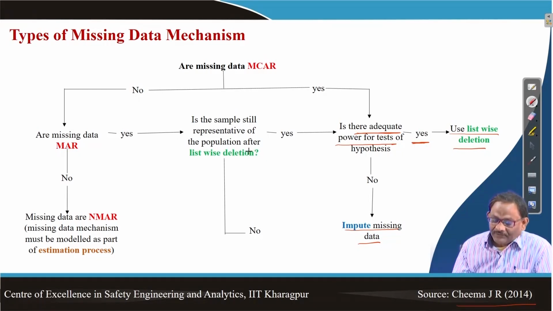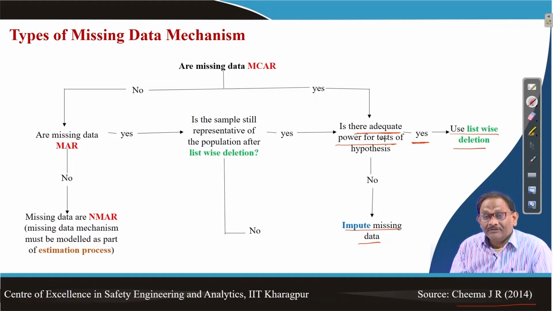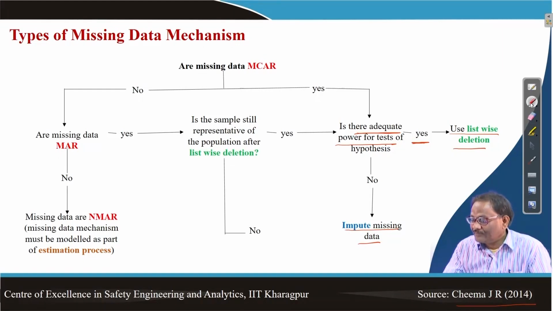And if you do list-wise deletion, after that again you have to check the same thing, whether the power of the test is there or not. If yes, fine, you don't require to do anything. Fantastic. If no, then obviously you have to impute data.